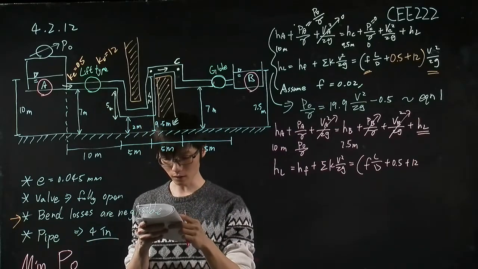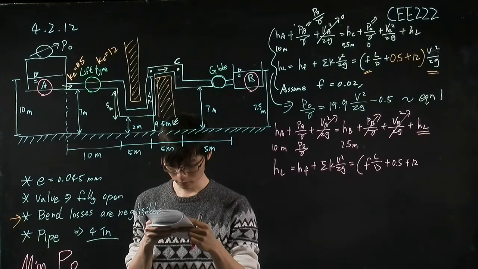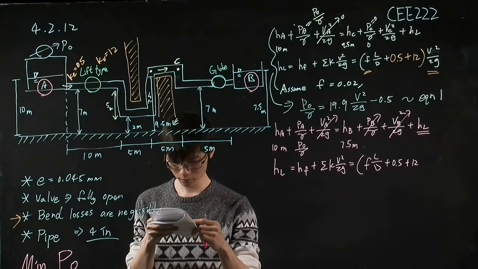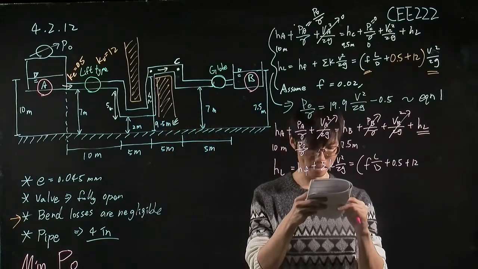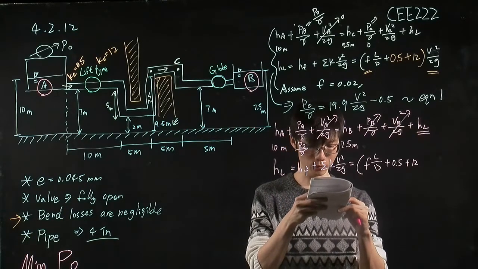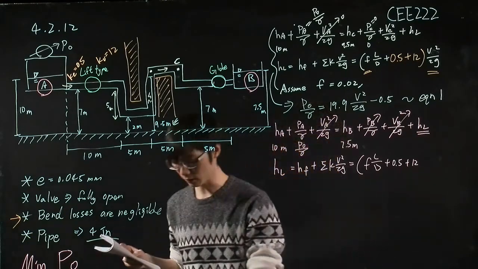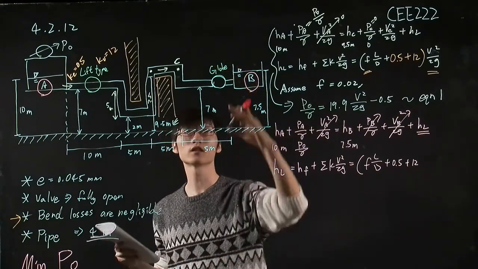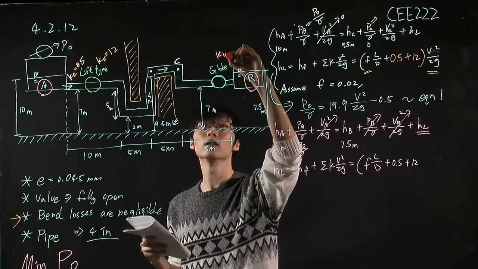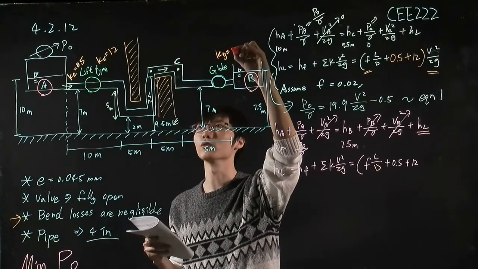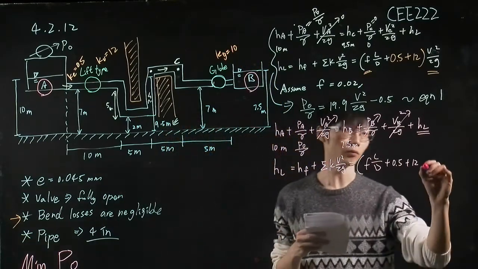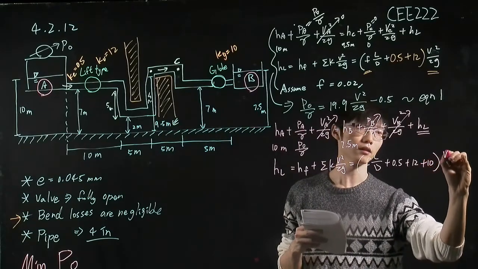And what is a globe valve? For the globe valve, we have the coefficient in this color. Let's use K equal to 10. So we have 10 here with the velocity term.